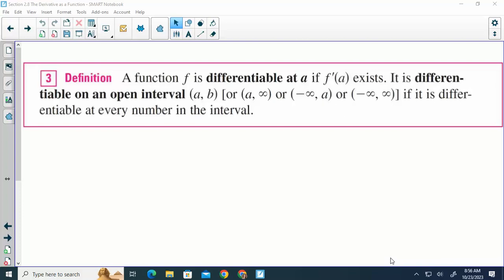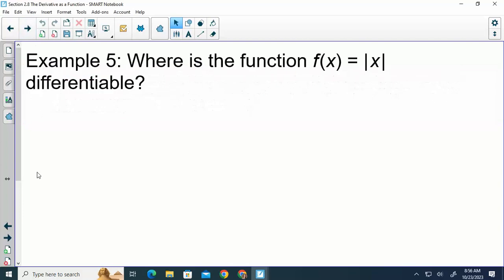So let's look at this problem. I want to figure out where the absolute value function is differentiable. That means, where does the derivative exist for the absolute value function? So remember, every time I gave you absolute value, we rewrote it using the piecewise definition.